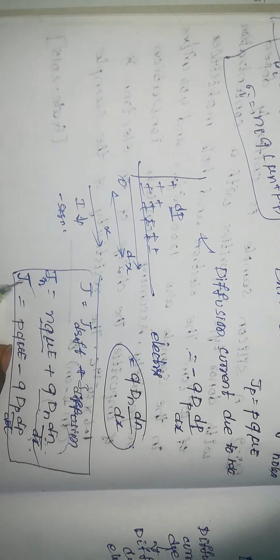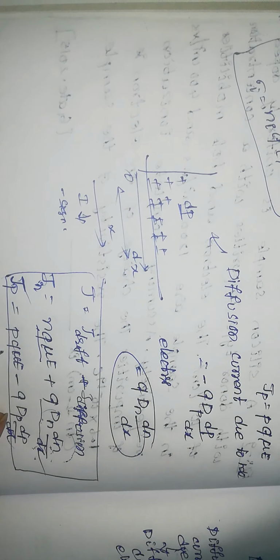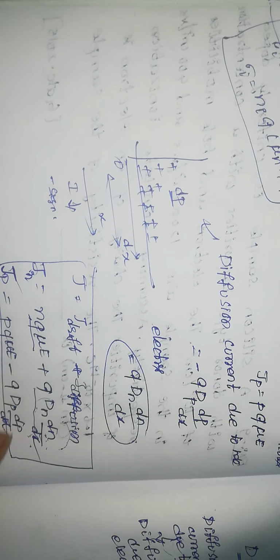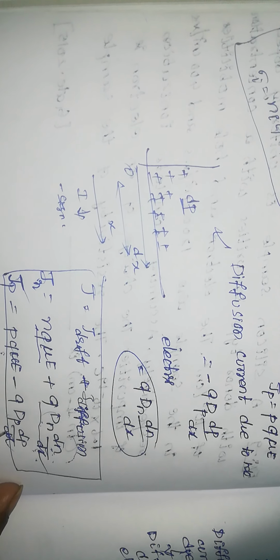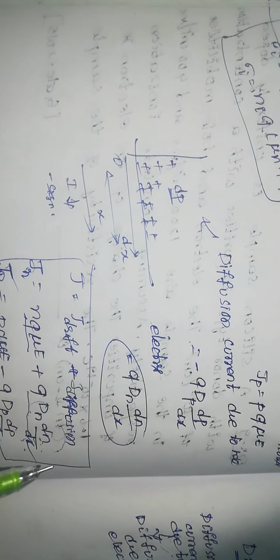Similarly, Jp, the total current density due to holes, is equal to drift current due to holes as well as diffusion current due to holes. So this is the total concept of drift and diffusion current.